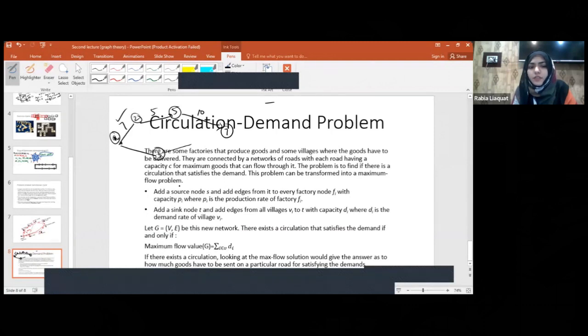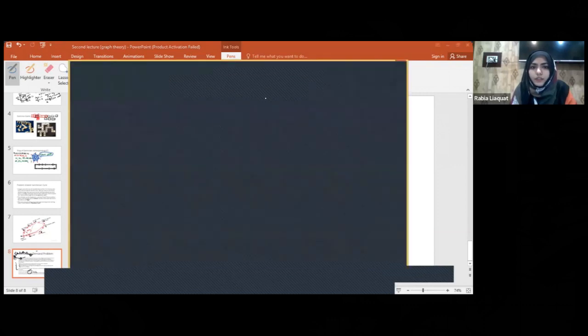The source node was this one, and the sink node is this one, 7. So this is the maximum flow value, which was 12, I think. We calculated 12. So this is the scenario, and here I drew the problem.